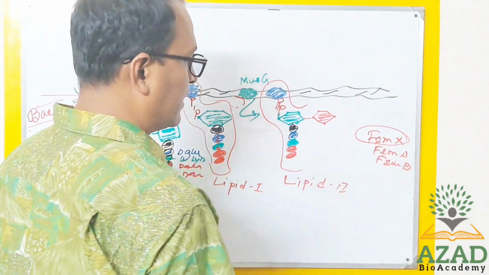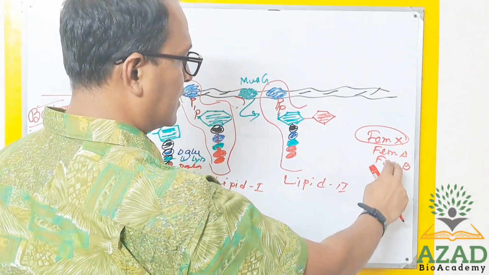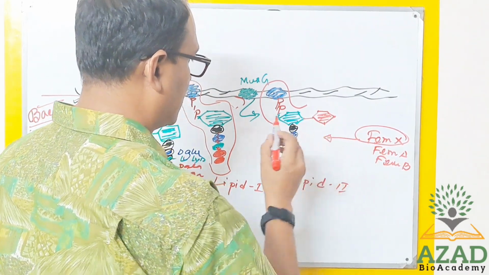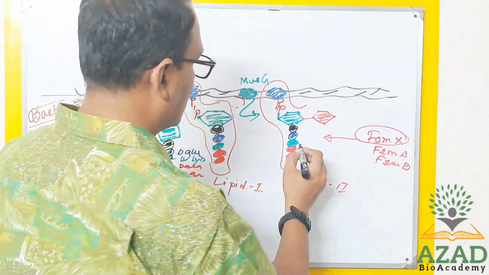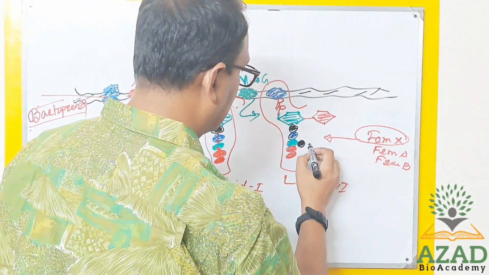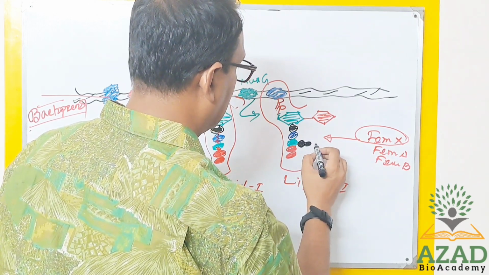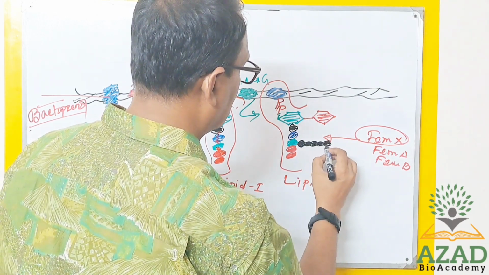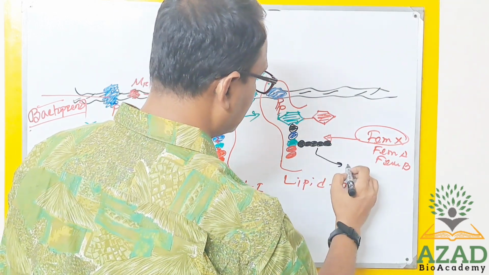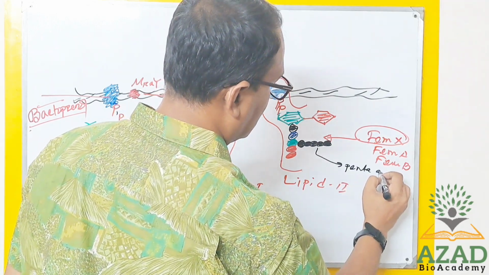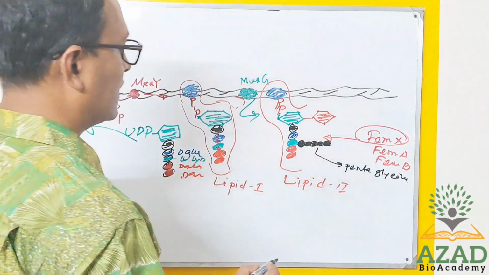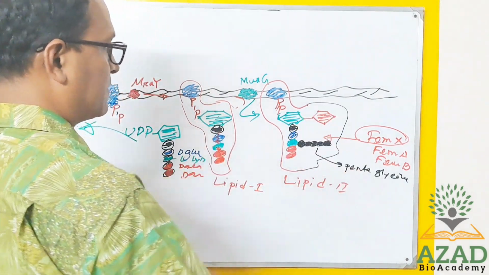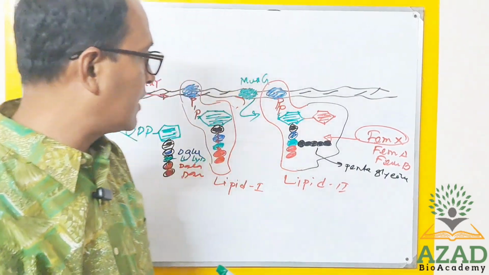A single glycine will be added by FemX, then a double glycine will be added by FemA, and then FemB will add another two glycines, so it will form the pentaglycine. Okay? So, in a sense, for some species of bacteria, this is the building block of peptidoglycan. Okay? Now, what will happen?